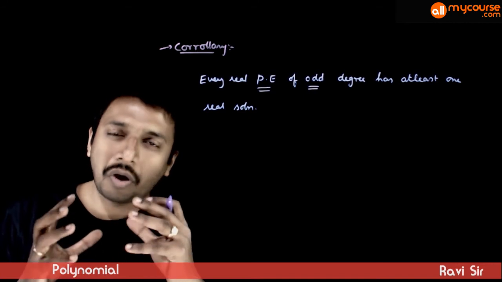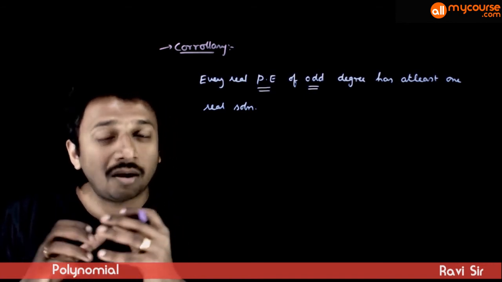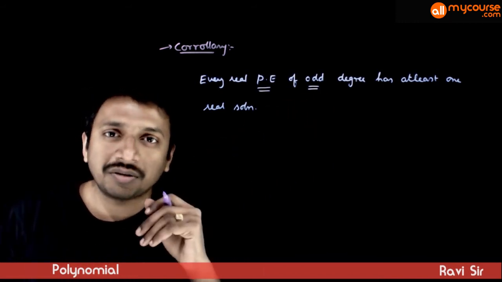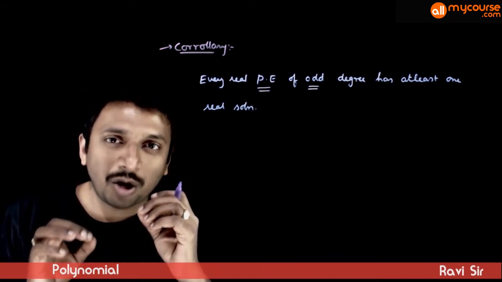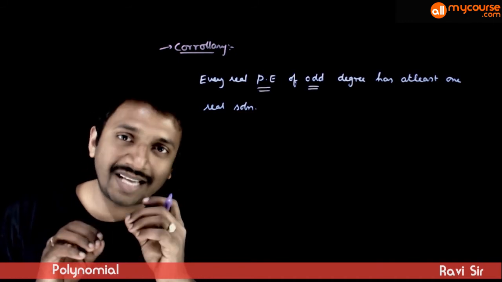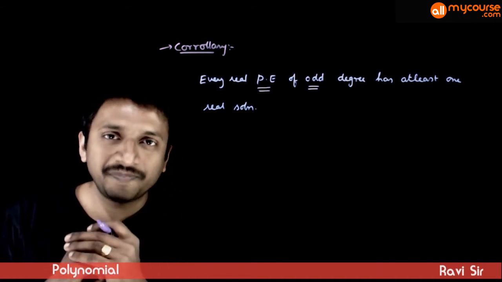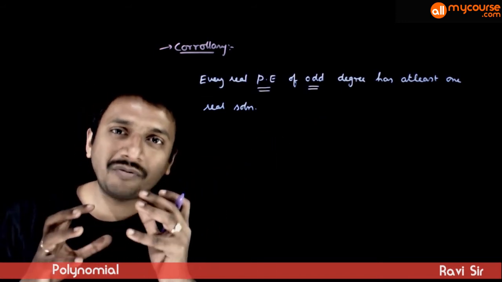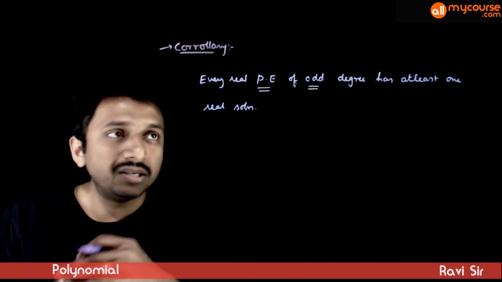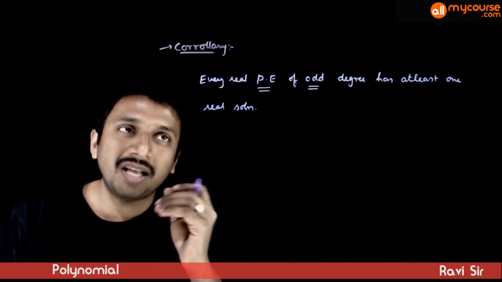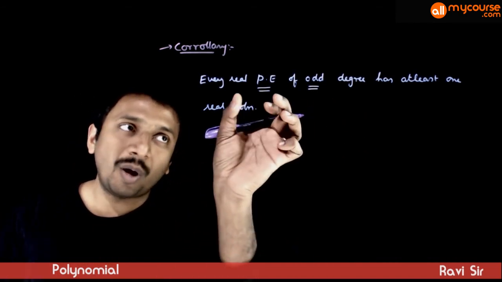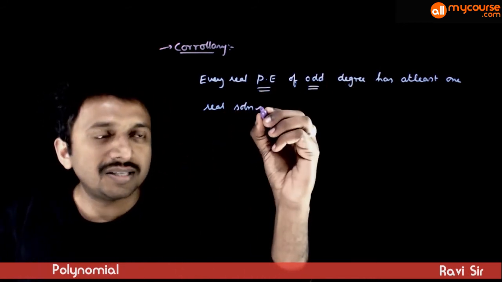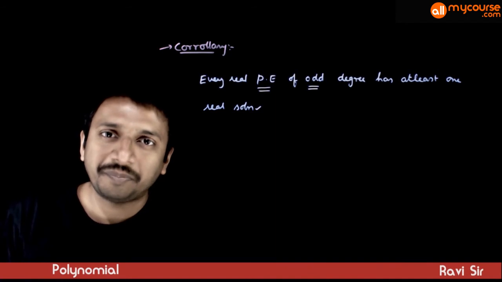So if you take all the non-real complex roots, they will always be an even number. A polynomial equation of degree n has exactly n roots, so there is at least one real solution for every real polynomial equation of odd degree. This is something which you need to remember.